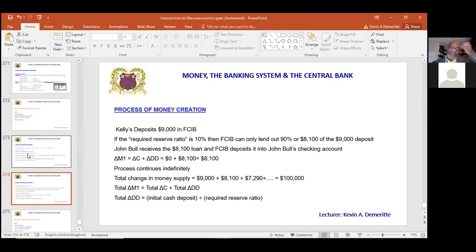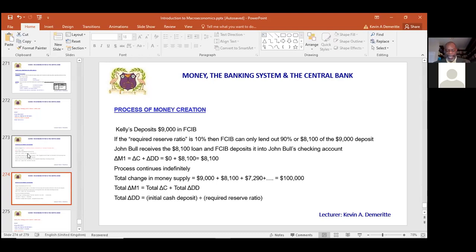Again, that 8,100 is spent and eventually comes back into the banking system. Again, they have to hold on to 10%. They only can lend out 90%. That means they lend out 90% of 8,100, which is 7,290.